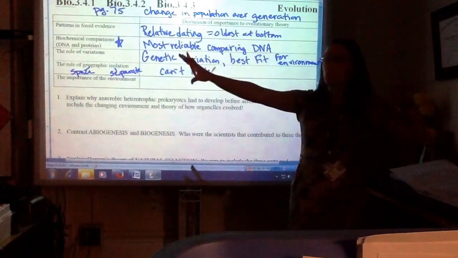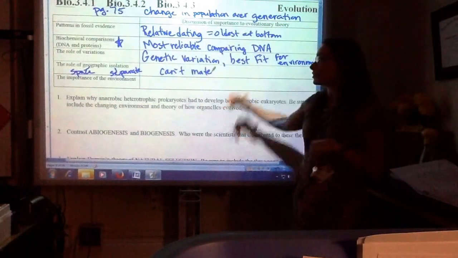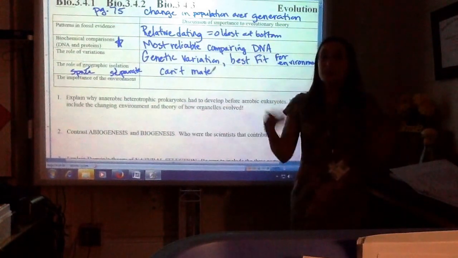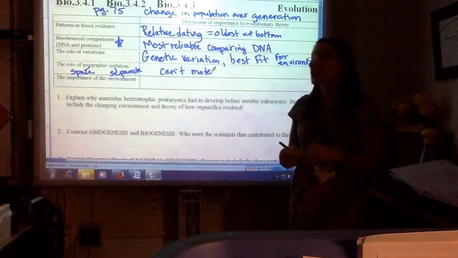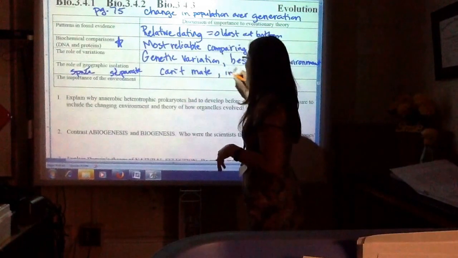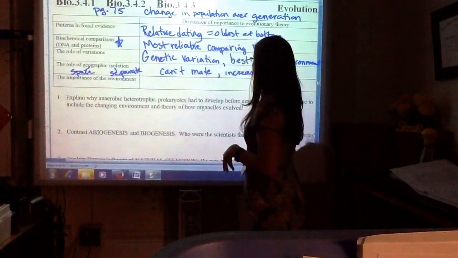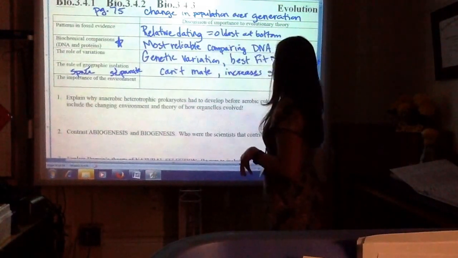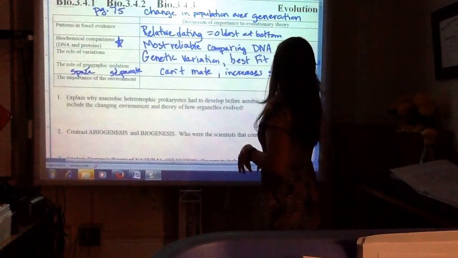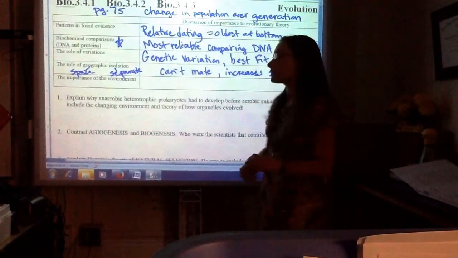You're going to evolve very separately. So if you can't mate, then speciation, or different species, happens a lot faster. So we are going to write that this increases speciation because it makes you be so different so much faster.